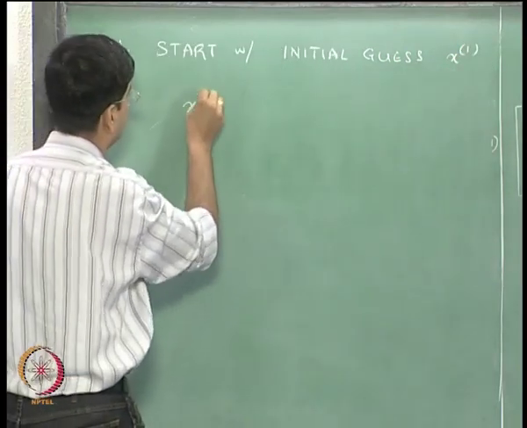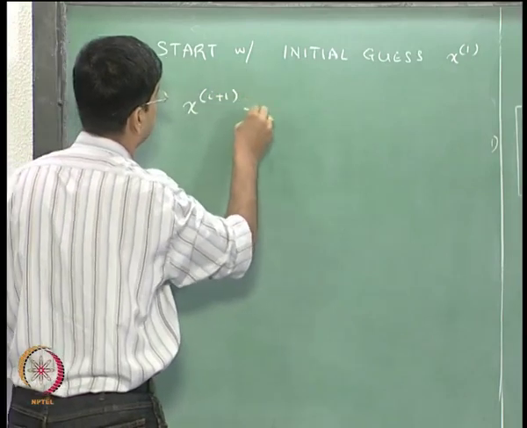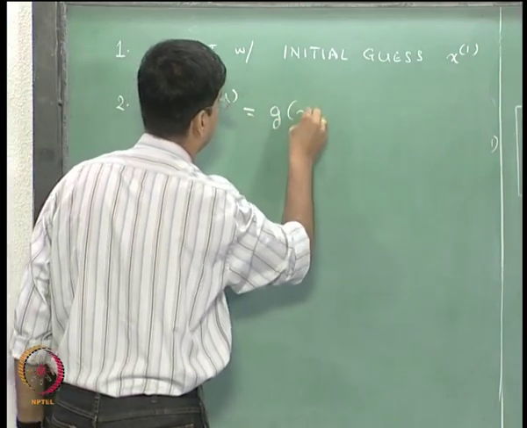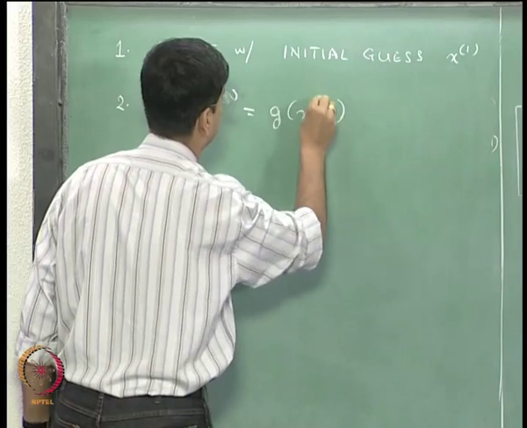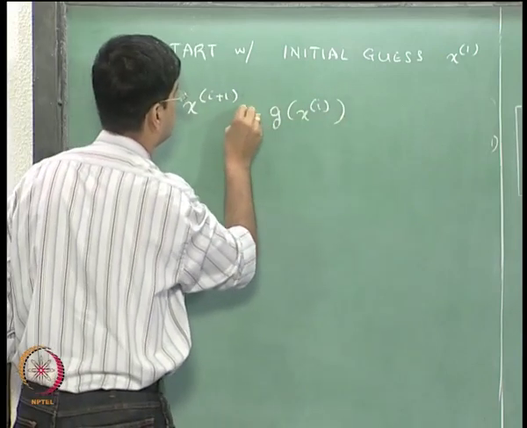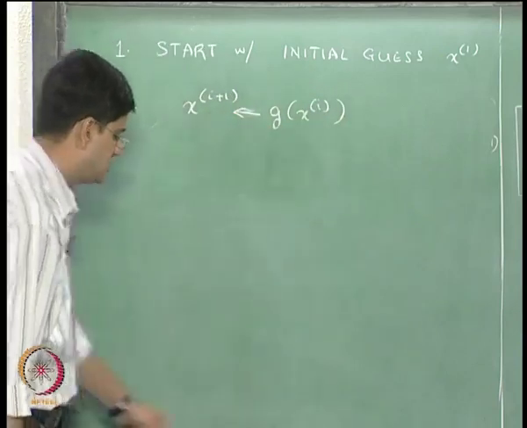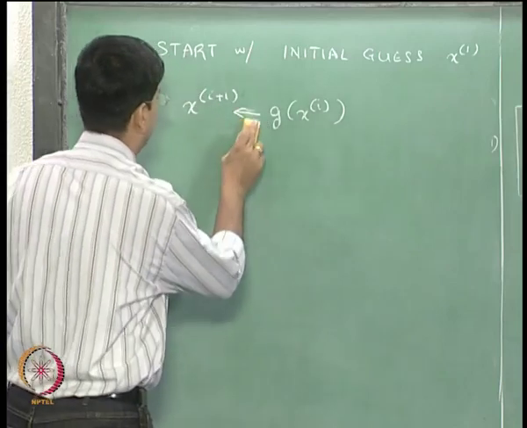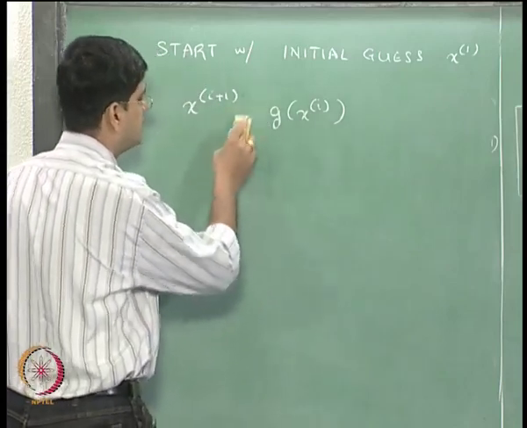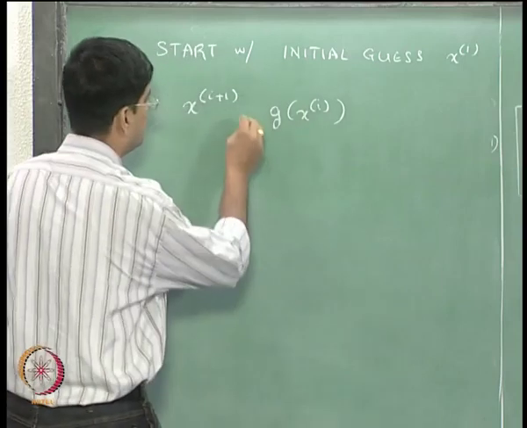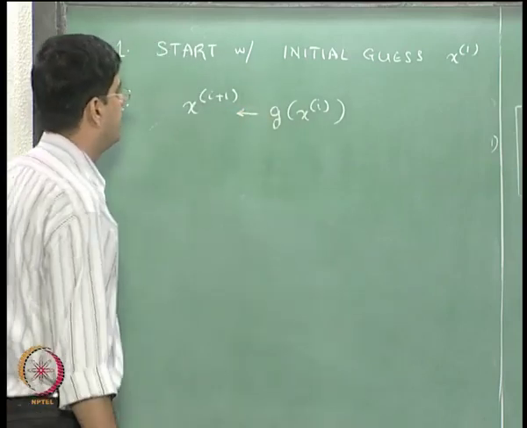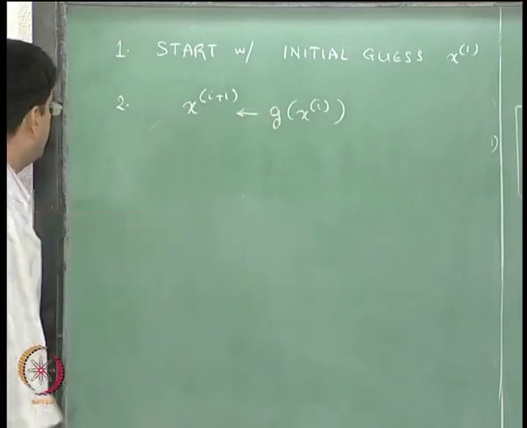We will write x I plus 1 equal to nothing but g of x I. I will use this left facing arrow to signify that the value computed as g of x I is going to be assigned to x I plus 1.